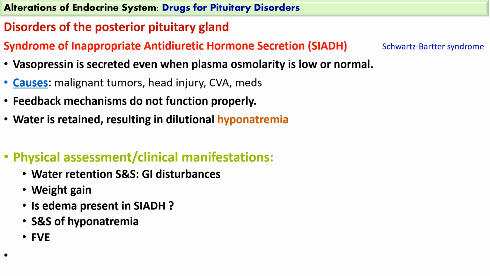When there is lots of ADH hormone, more fluid is retained. Water is going to be retained and result in dilutional hyponatremia. Even though the patient retains lots of water, it would not lead to hypernatremia; it will be hyponatremia, because it's dilutional.